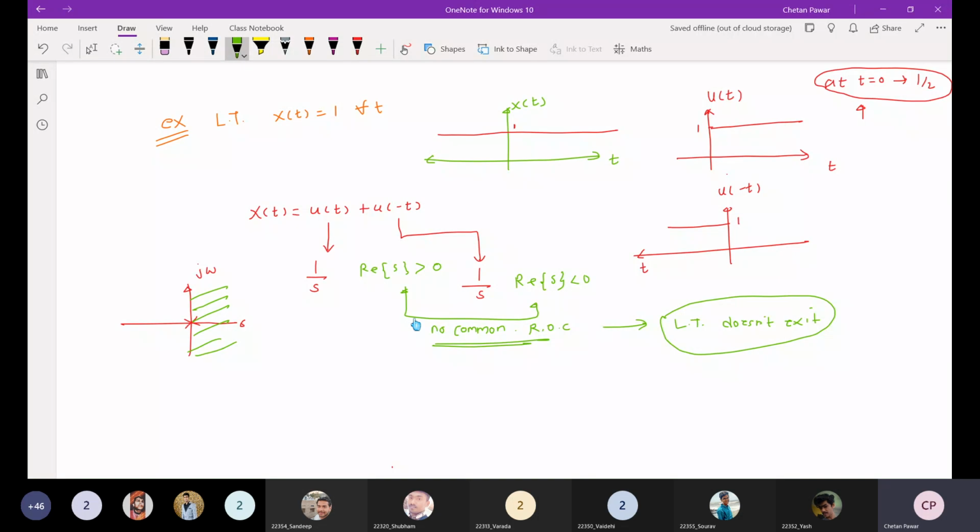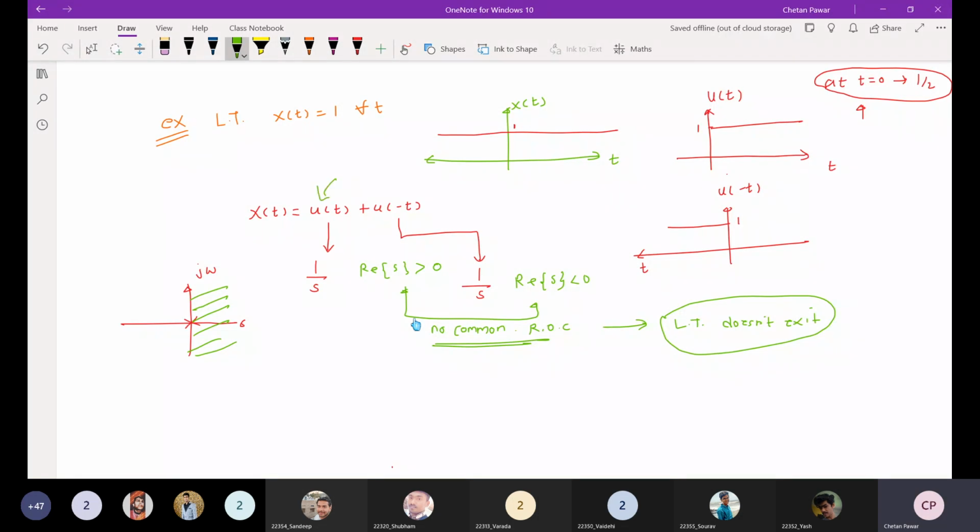The Laplace transform exists only in the region of convergence. u of t has the region of convergence greater than 0 and u of minus t has the region of convergence less than 0. So no common ROC is there. That's why the Laplace transform for this particular signal doesn't exist, because there is no common ROC for this signal.